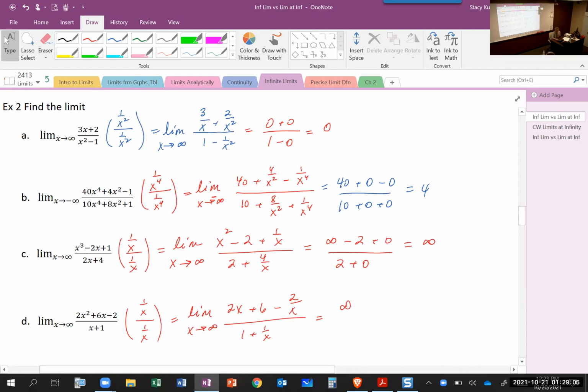If I'm looking at the first one, the degree of the numerator was less than the degree of the denominator, right? We have a horizontal asymptote at y equals 0, correct? All right, and that's what this is saying. It's the same thing, right? Let's look at the next one. The degree of the numerator is equal to the degree of the denominator. Remember what happened there? When they were equal?